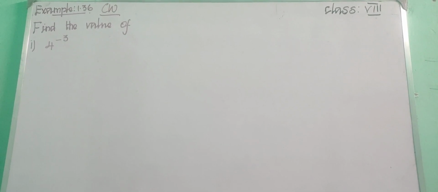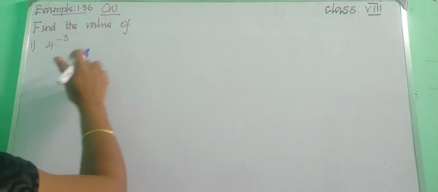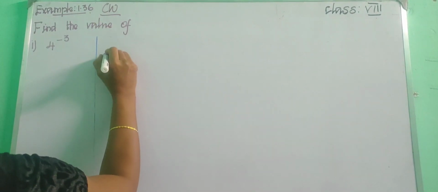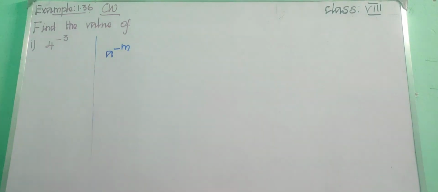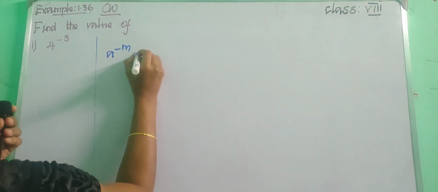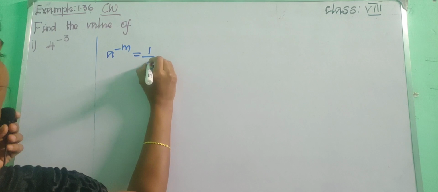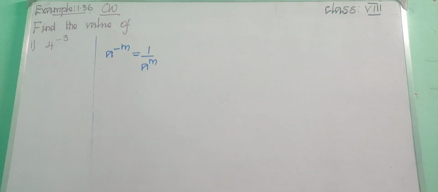Example 1.36. Write the question in your classwork notebook. Find the value of 4 power minus 3. We are going to find the value for this. See, it is in the form a power minus m, right? a power minus m, we can write it as 1 by a power m.